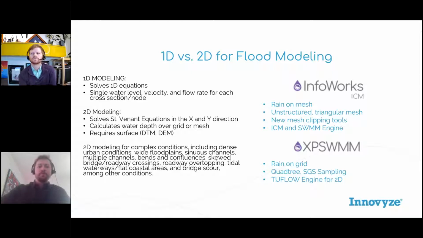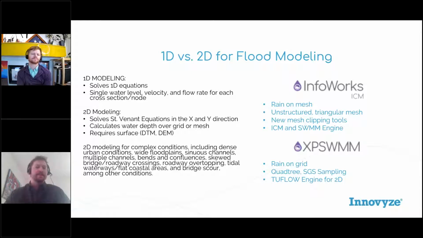From a 1D perspective, we're just trying to solve those 1D equations. Those are the conservation of mass and momentum equations that I'm sure most folks are familiar with. That's the basis of a 1D modeling solution: we're solving those equations in a 1D perspective. That's also true for point features like bridges and weirs.